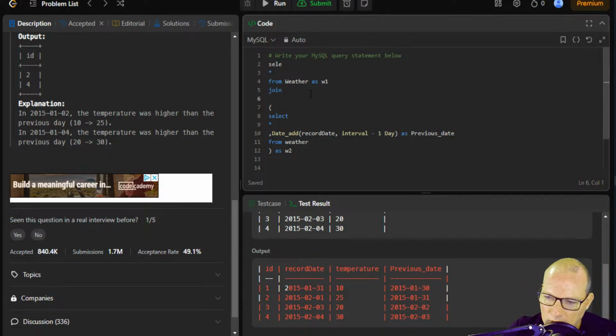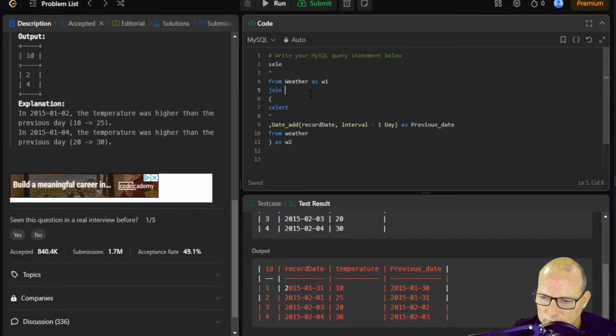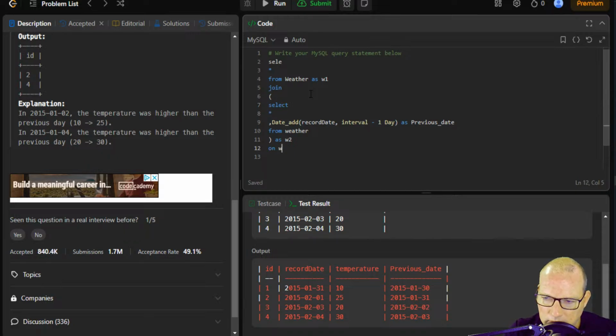All right, join on W2. That's the syntax. On W1, because I'm joining on this. Record date, previous date.